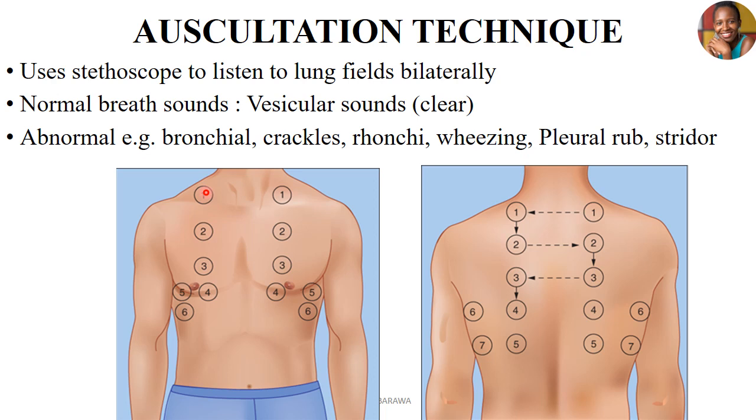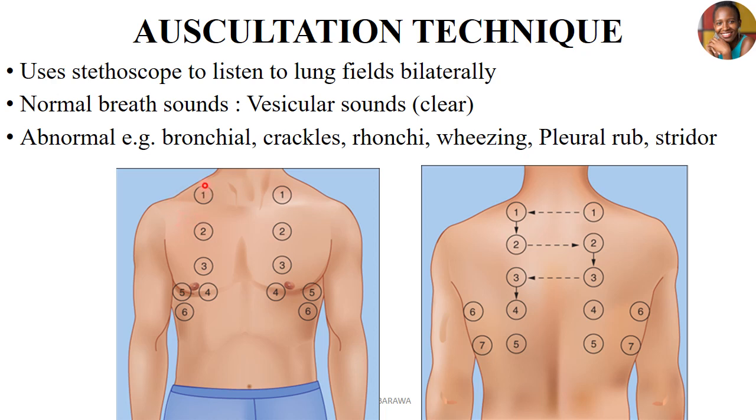So bilaterally, you need to start at the topmost part of your lung, and that is the apex. While you're auscultating, you need to tell your patient to take deep breaths.